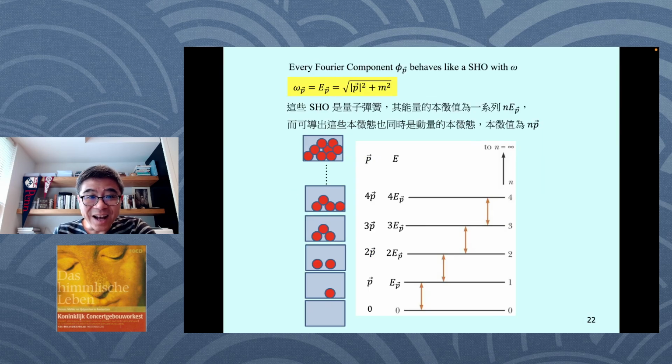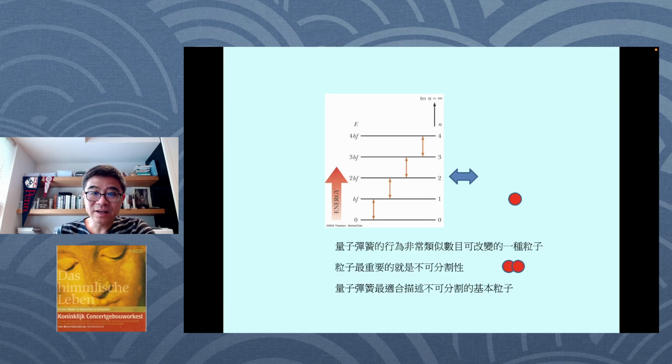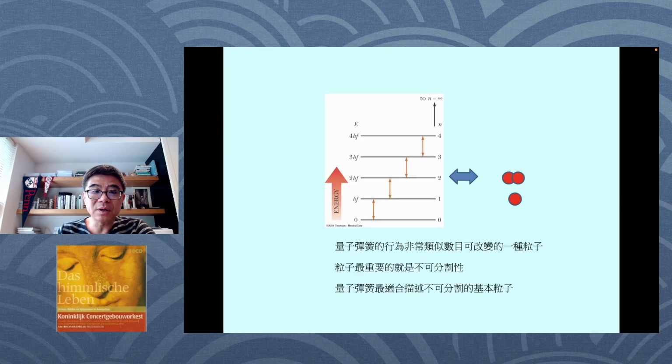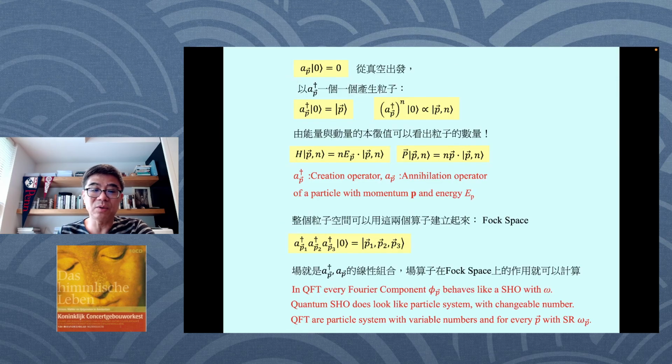I would like to stop here because this conclusion is so important for me, and I hope you comprehend the elegance of this derivation. We actually finished the canonical quantization in less than 1 hour. I do it this way because I want to emphasize that quantum field theory, in essence, is very, very simple.